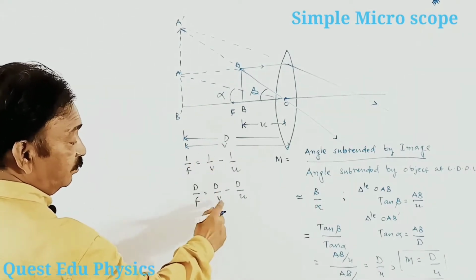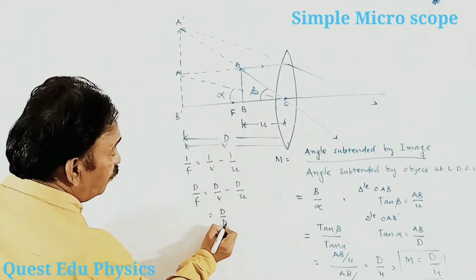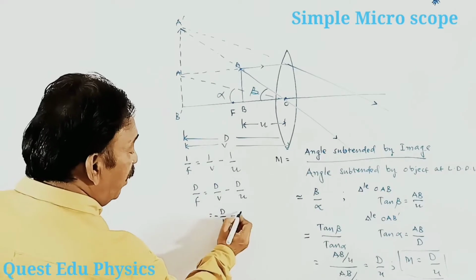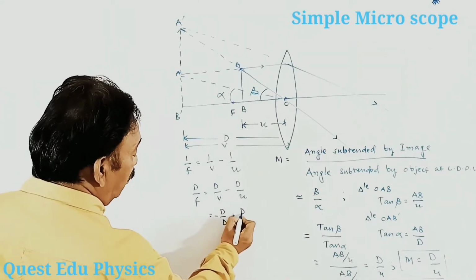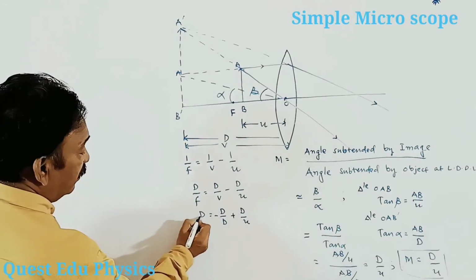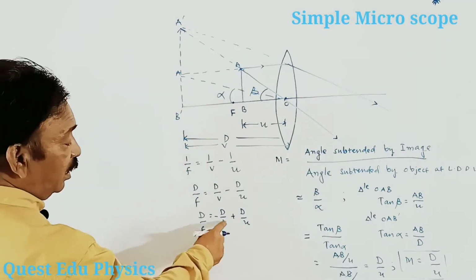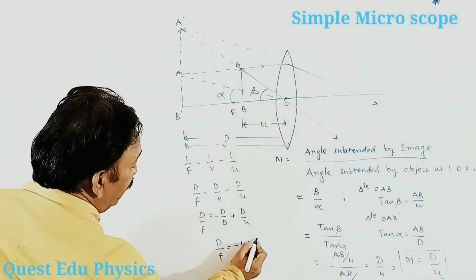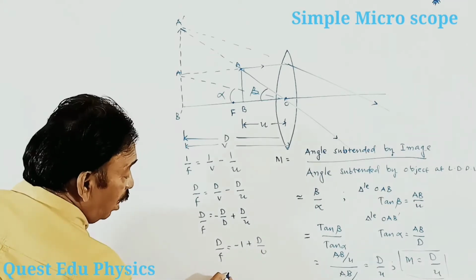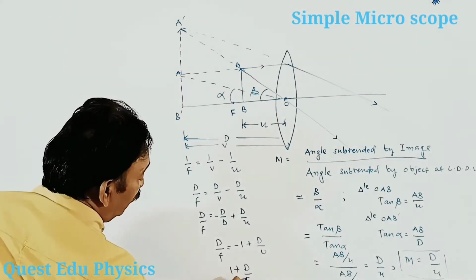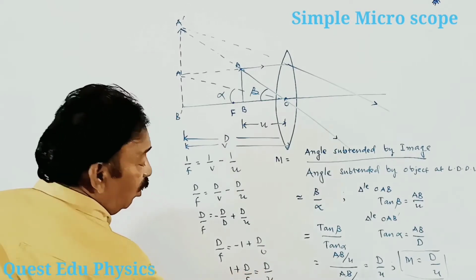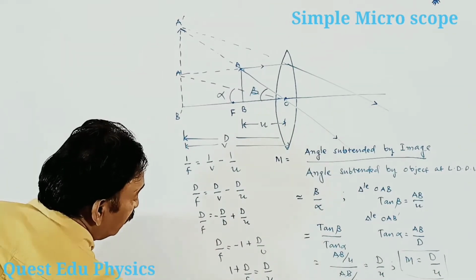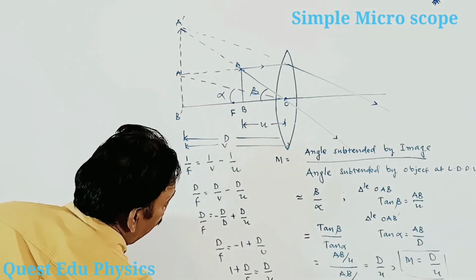Okay, and it can be written as D by D, minus, I am using the sign convention here, minus of D by U, which means plus D by U. Here it is D by F. Here D gets cancelled and we get D by F is equal to minus 1 plus D by U, or 1 plus D by F is equal to D by U. Already we know that D by U is equal to the magnifying power. Then M can be written as 1 plus D by F.